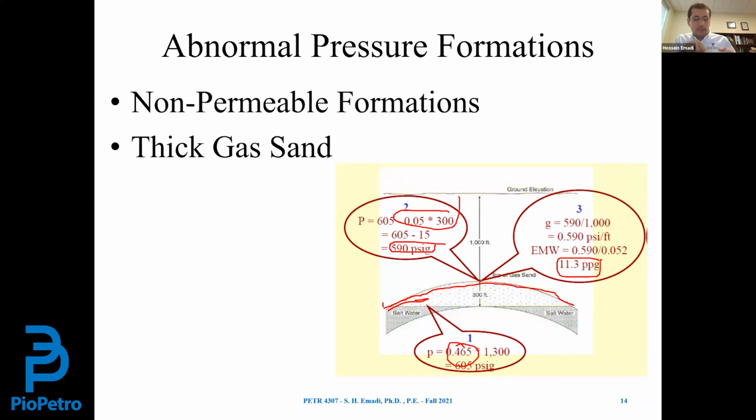It depends on how much overbalance or underbalance we are, what the TVD is, how deep we are drilling, and also the type of the formation fluid. For example, if you are 200 psi underbalanced or 1000 psi underbalanced, Darcy's equation, right?